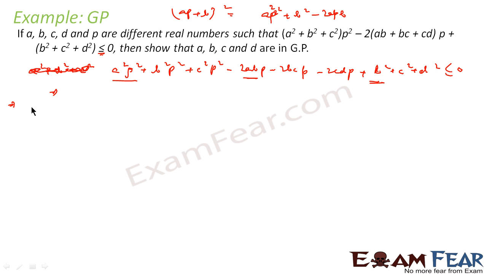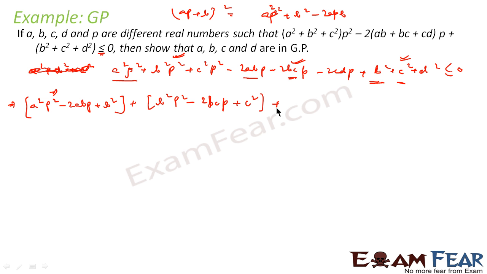So let me factor this. This becomes a square p square minus 2abp plus b square. I'll put this in one bucket. In the second bucket I'll take b square p square, then c square, and minus 2bcp, so this is the second bucket.